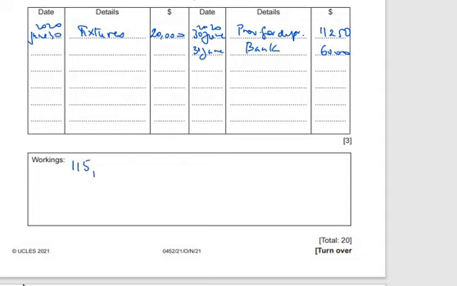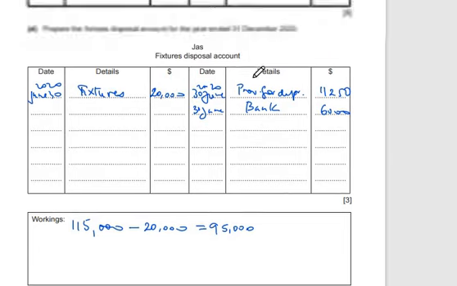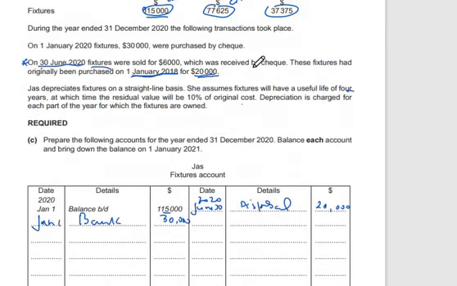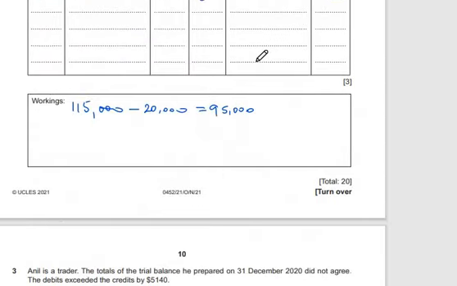That was the balance brought down of the asset account, and we have sold an asset worth 20,000, which means the balance we have for the asset is 95,000. And then we have purchased other assets worth 30,000. So this 30,000 also needs to be depreciated.